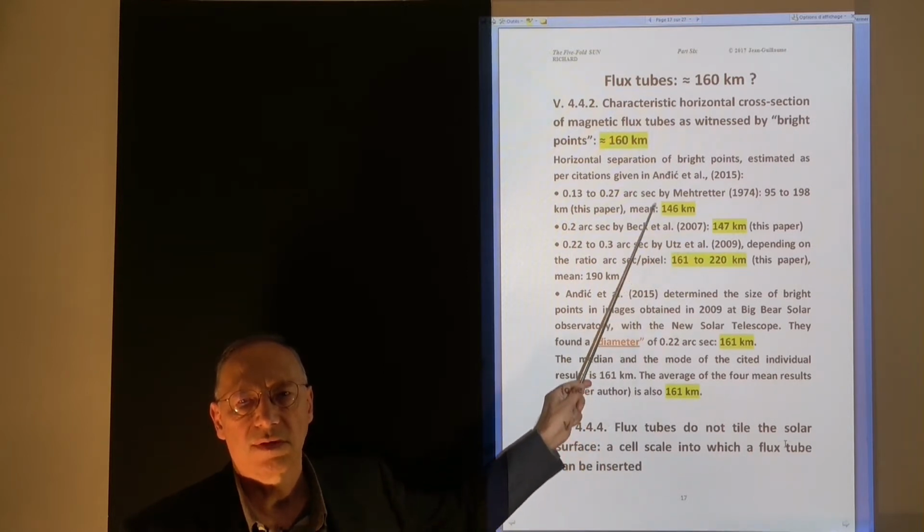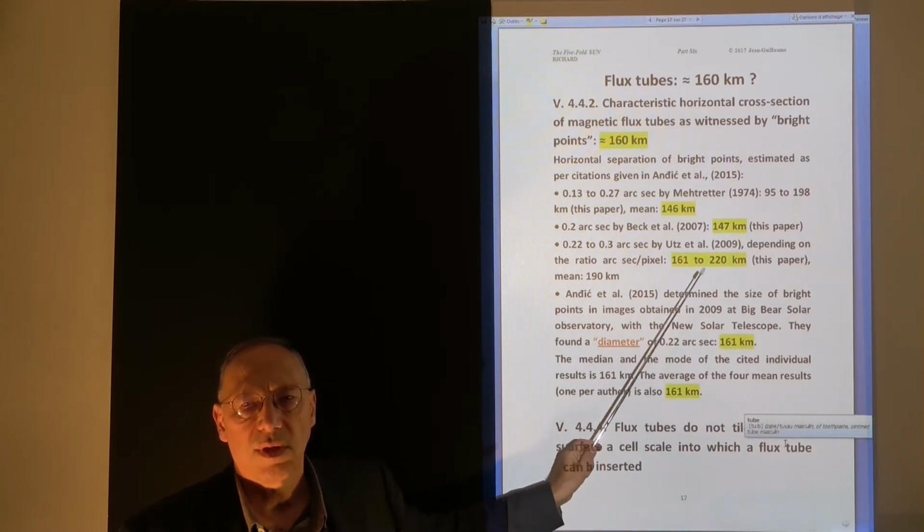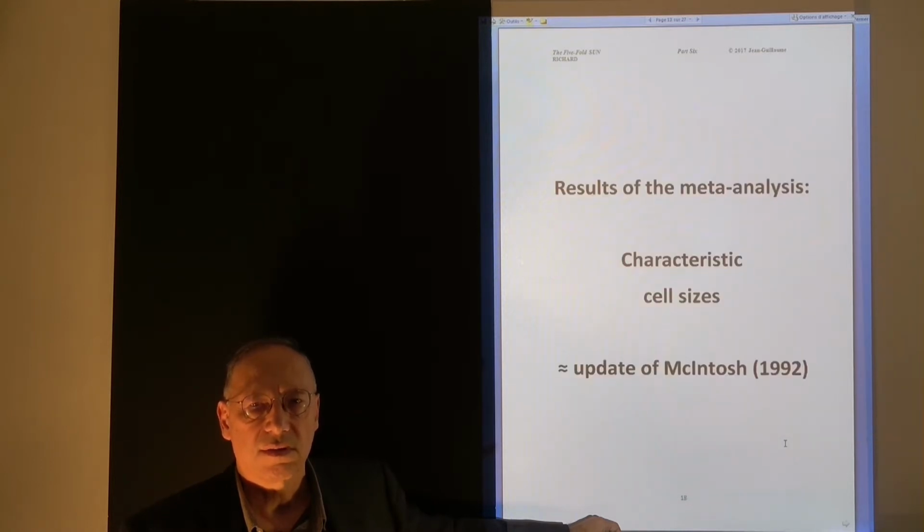We find from these authors and collaborators recently in 2015, both their own results and a review of the literature that they themselves cited, that the dimension of the flux tubes can be assessed from the bright points at which they seem to be located at the solar surface. And this might be from 140 kilometers to 220 kilometers as a diameter. So a typical central value is retained at about 160 kilometers.